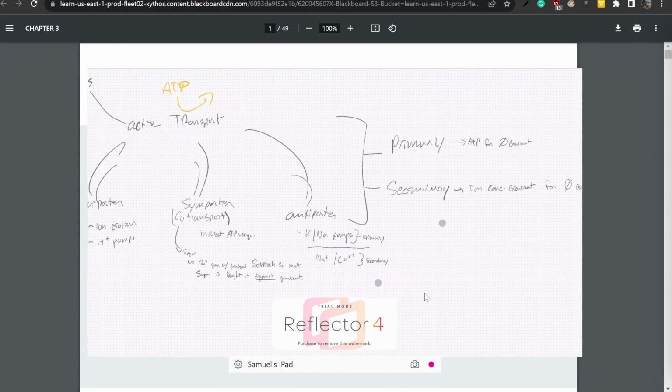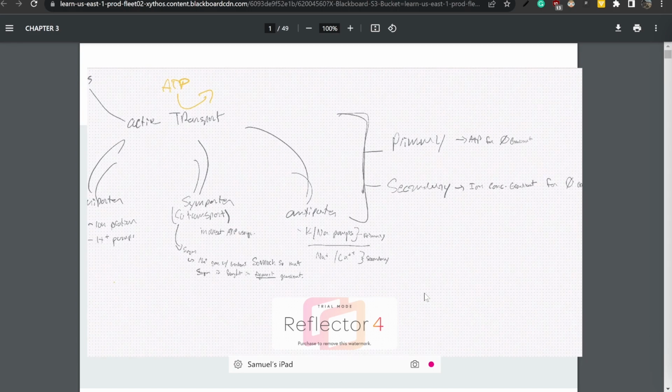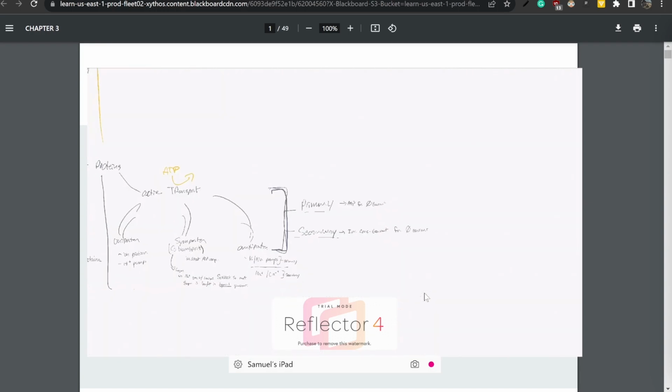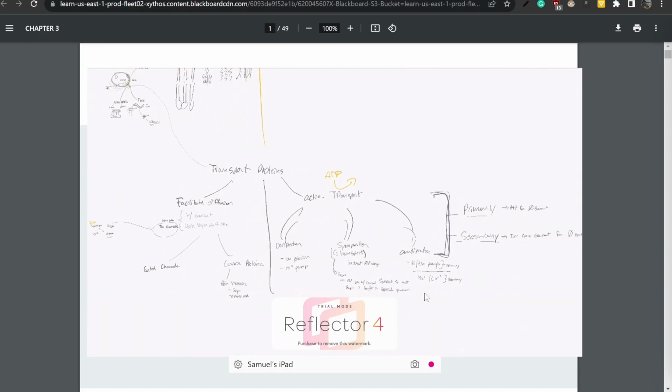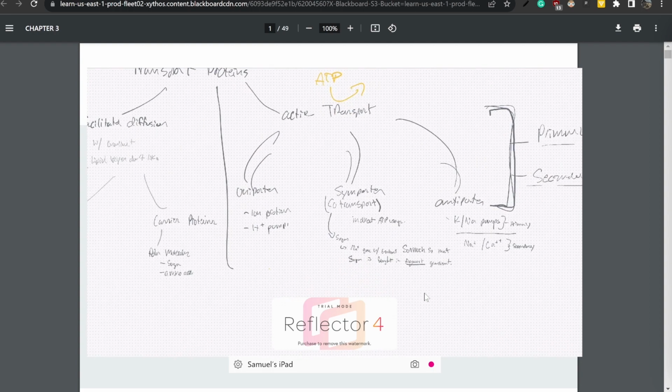And then within the active transport, there's the difference between primary and secondary. So my goal for all of these ideas was to simplify and make sense of it. And I could always redirect this later.